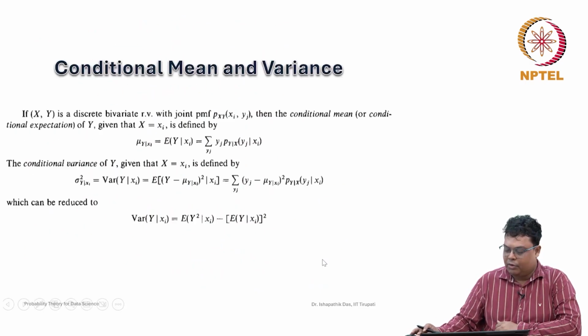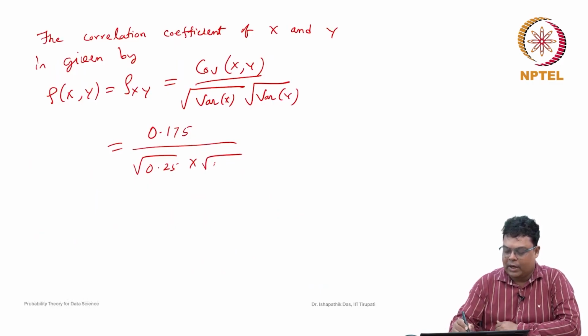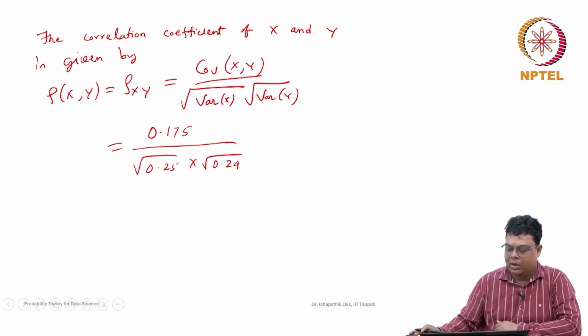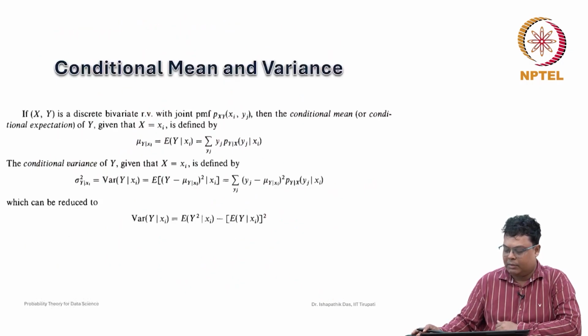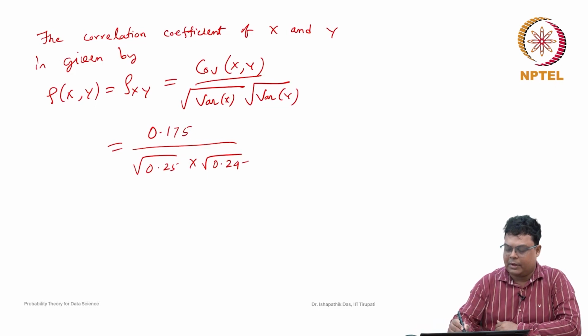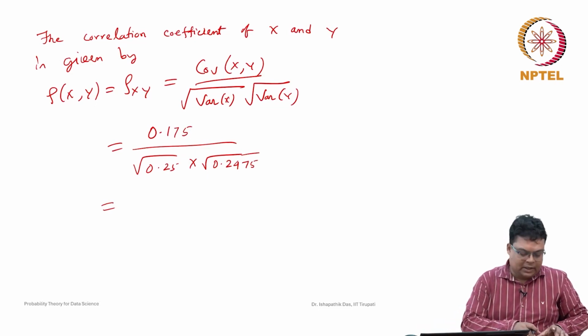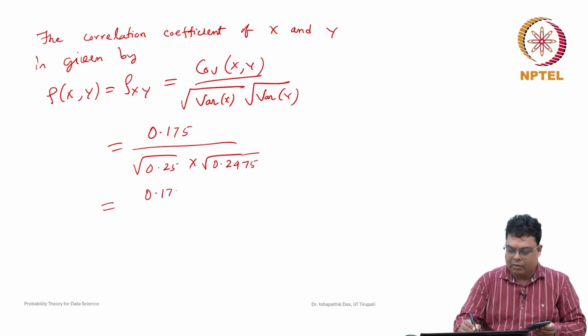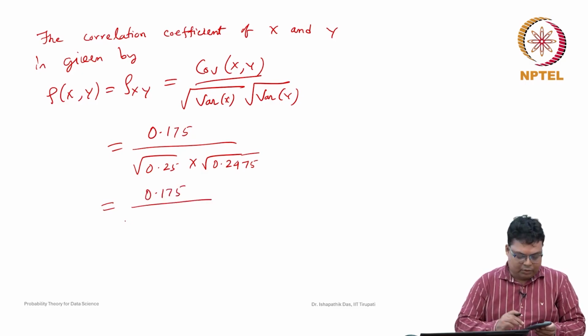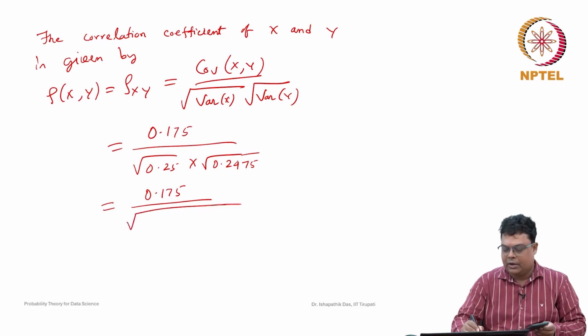Then we replace 0.2475 here, and you can simplify. The remaining thing you just have to compute, using a calculator. Finally this is 0.175 divided by the square root of 0.25 into 0.2475.